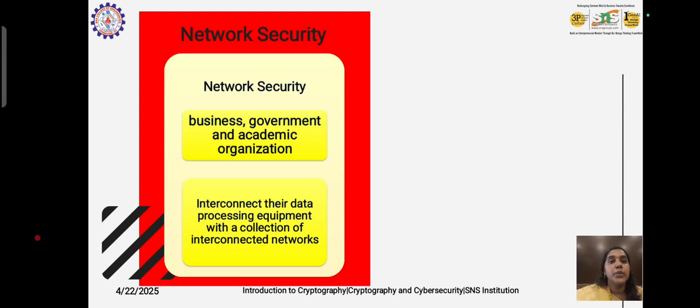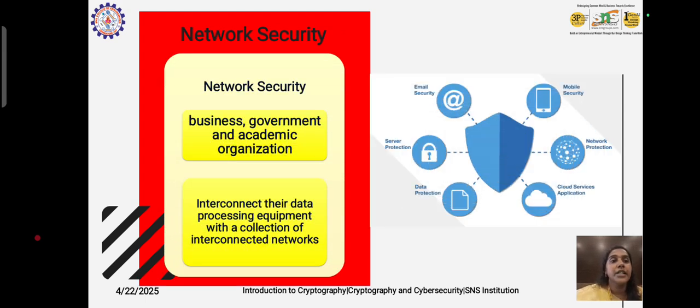Next comes network security. Network security mainly deals with email security, mobile security, network protection, cloud service applications, data protection, and server protection. All these things come under network security, which may deal with business, government, or academic organizations. Email security means your email must be secure.